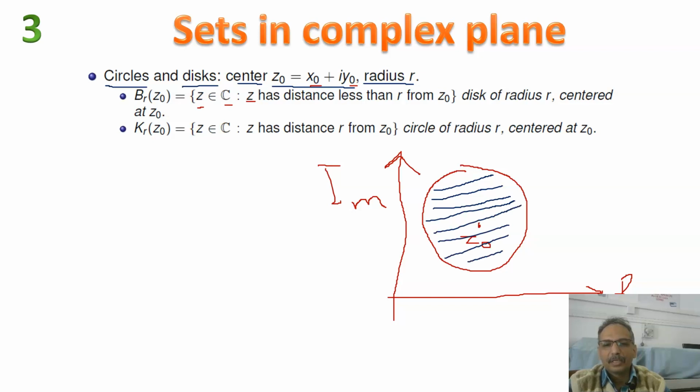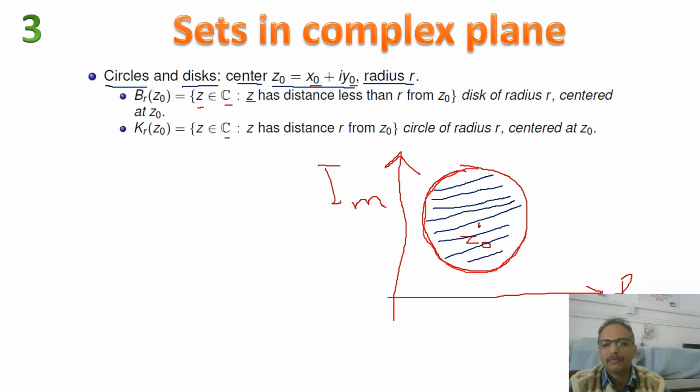Now K_r(z0) represents complex numbers z from the set of complex numbers C such that z has distance r from z0. So here strictly we are talking about all those points which are at distance r from the center.